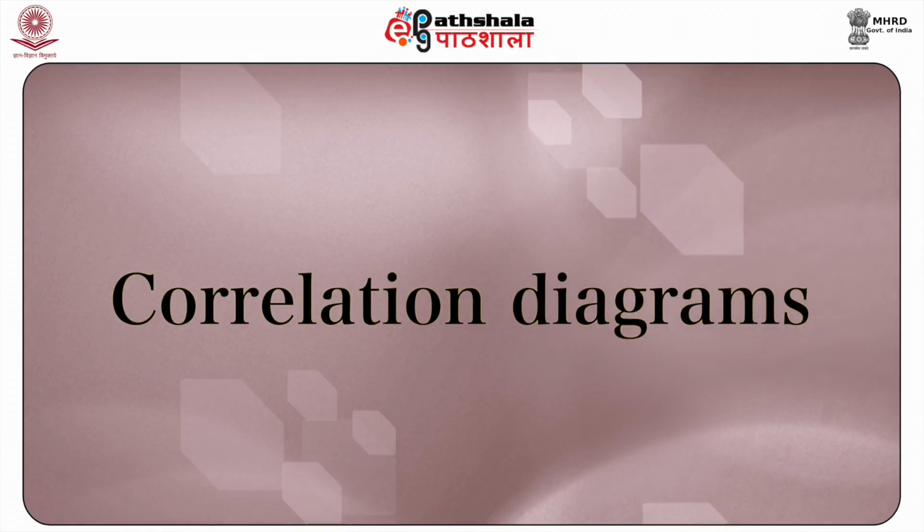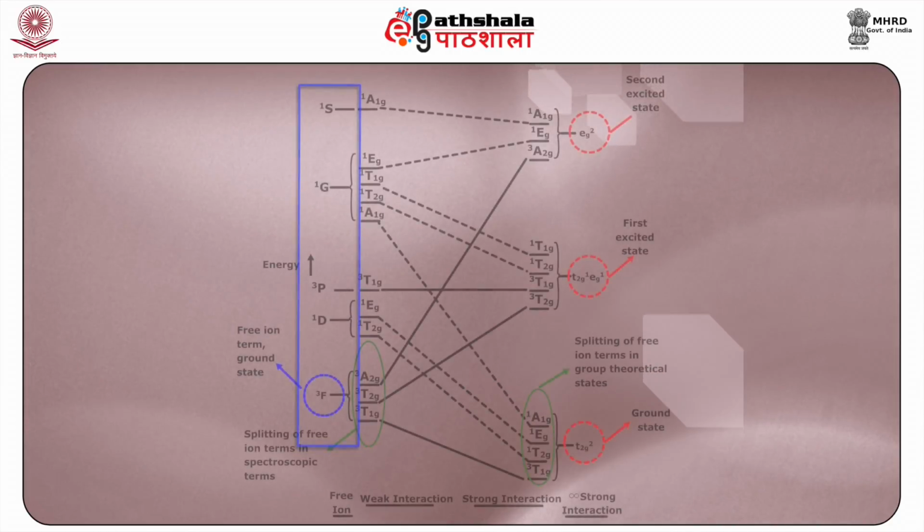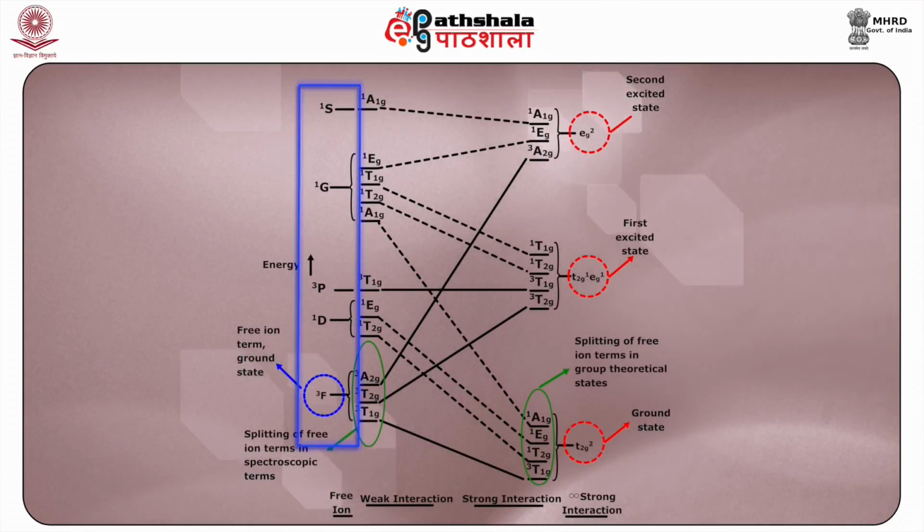Next, we are going to discuss the correlation diagrams. In order to draw the correlation diagrams, the following steps have to be followed. First, on the extreme left, free ion terms are given in order of their increasing energies. These states have actually arisen from the spin-orbit coupling and electronic interaction of the electrons as per their electronic configuration in a particular system.